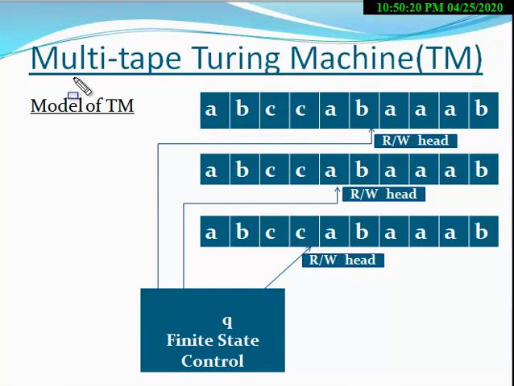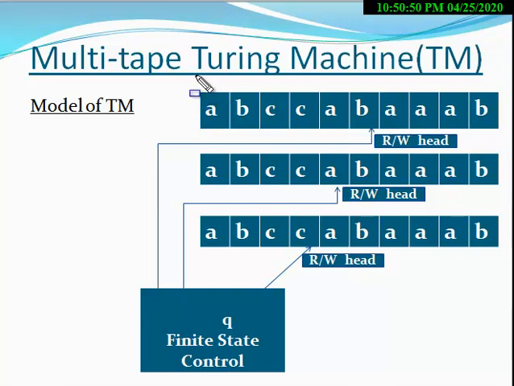From the name it is clear: multi-tape, that is, in this Turing machine we shall use a number of tapes, that is, n number of tapes. So when you have to design such a type of Turing machine, then you have to use more than one tape, right? That is, n number of tapes.